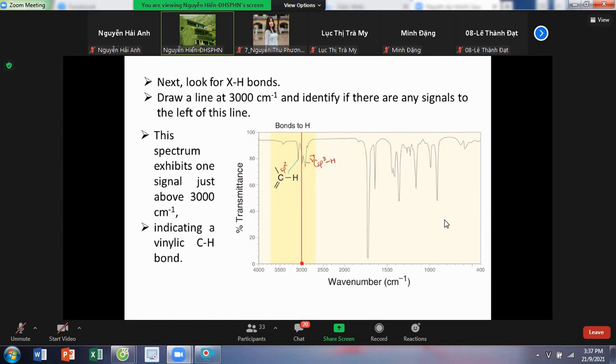You have a signal just above 3000, so it corresponds to vinylic C-H. So this information is in good agreement with the fact that you have a C=C double bond. Remember that if you have a C=C double bond, it does not mean that you always have C sp2-H, because a substituted C=C double bond will not have C sp2-H.